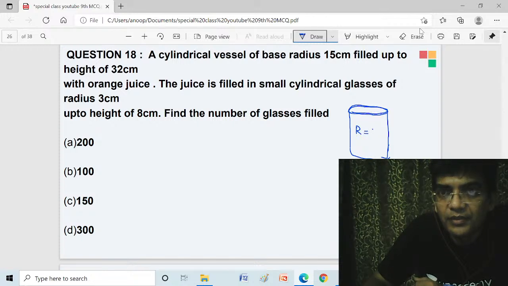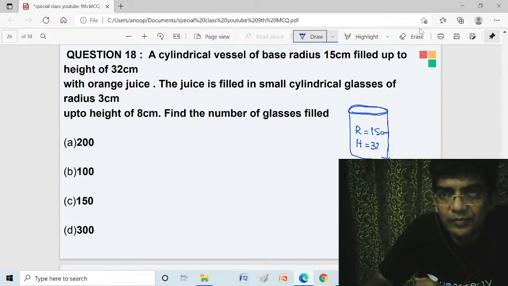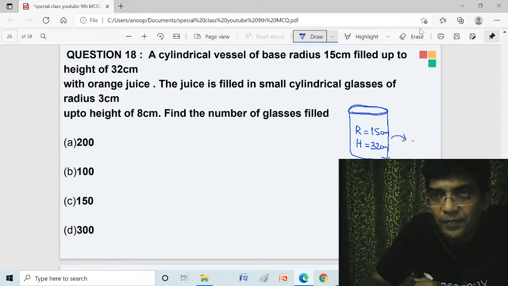Radius is 15 and height is 32. Now this juice is to be transferred into small cylindrical glasses.